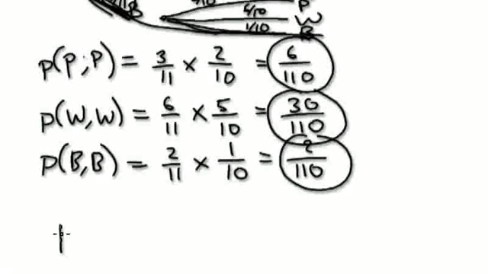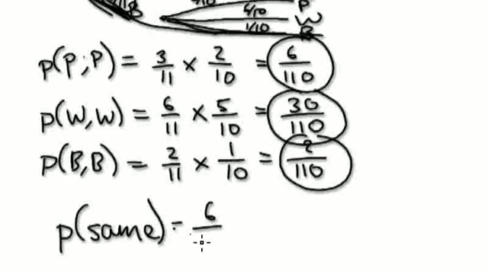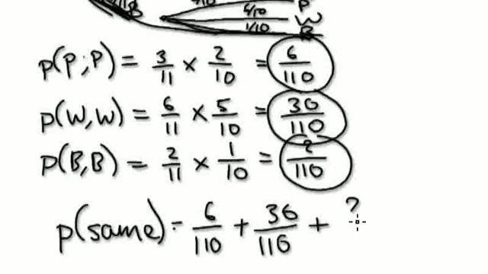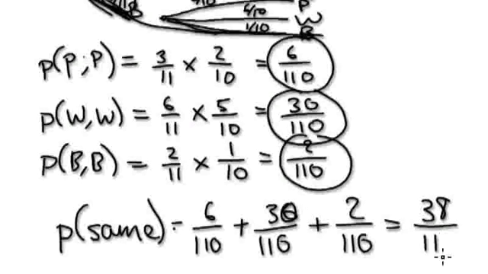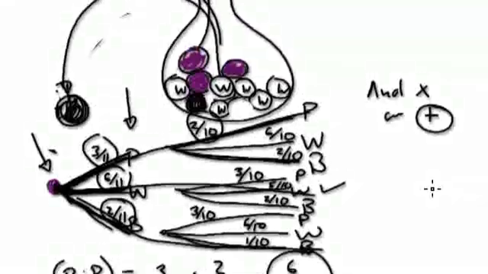So the probability of same equals 6 over 110 plus 30 over 110 plus 2 over 110. So that equals 38 over 110. Okay, so this would be your final answer.